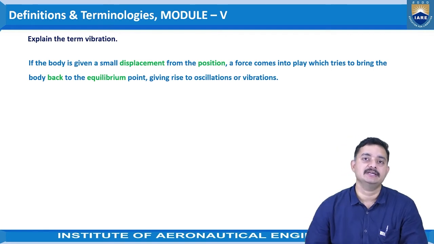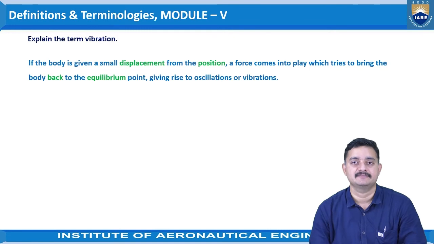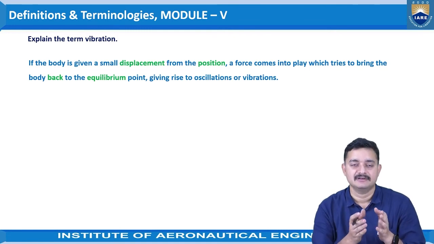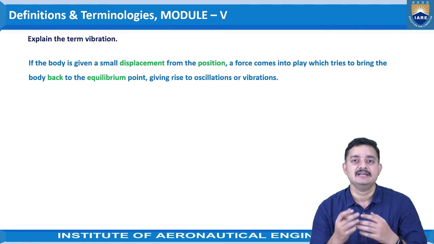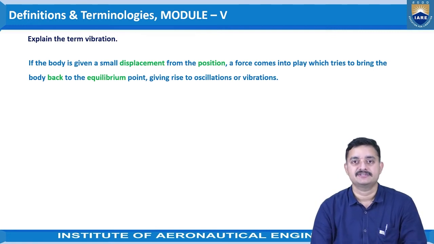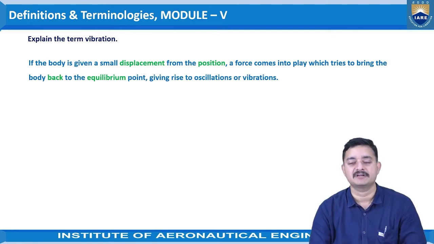What we are doing here is creating a disturbance. For a stable rest body, we are incorporating a force into the system and trying to move that body. So a force comes into play which tries to bring the body back to its normal point.